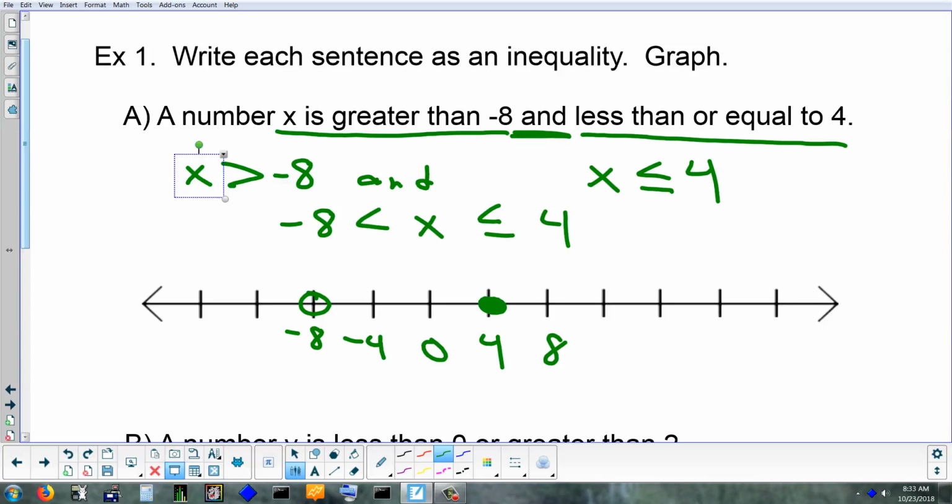Is that when we connect, or is that when we have arrows in opposite directions? Yep, that's when we connect. So we're going to connect it, just like that. That's it. That's your answer. So is -8 part of the answer here?